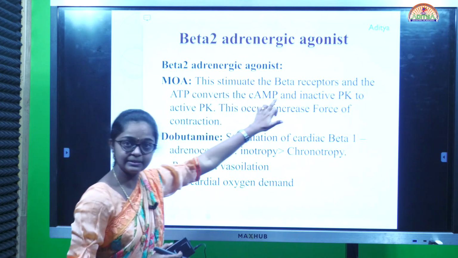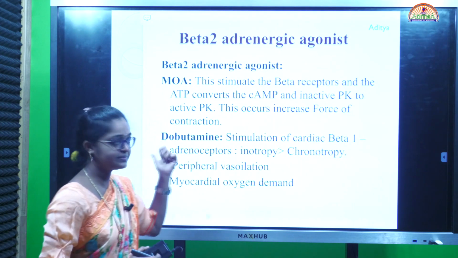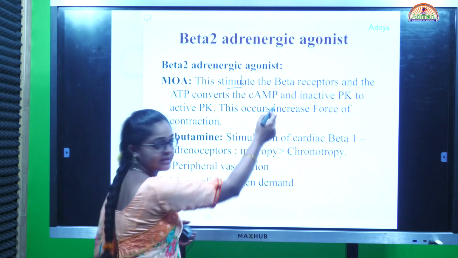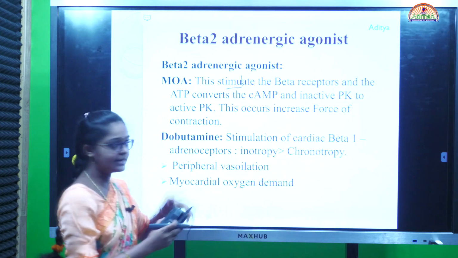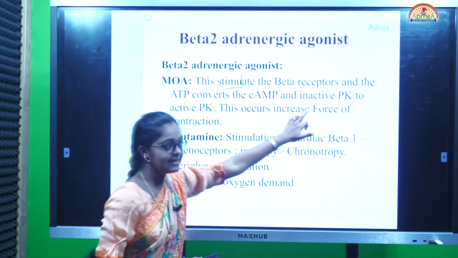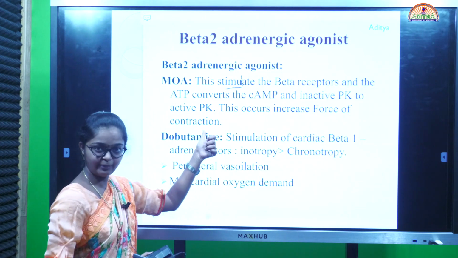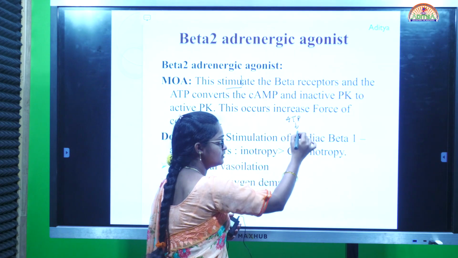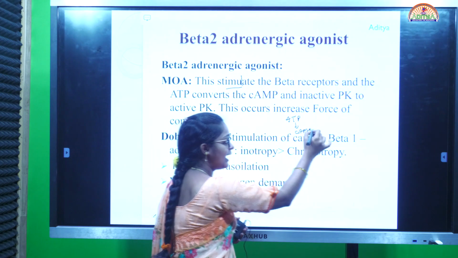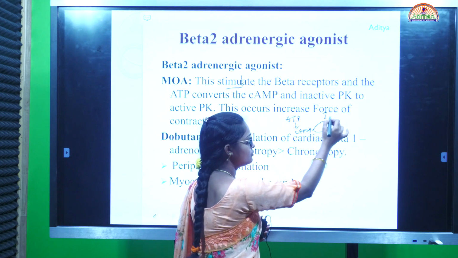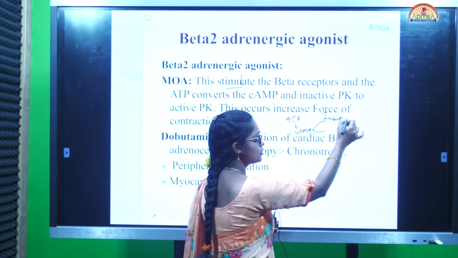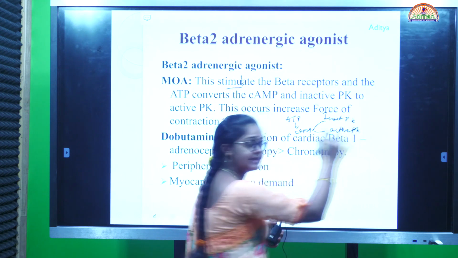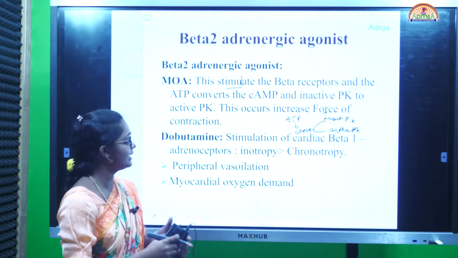An agonist, however, stimulates the beta receptors. It stimulates the beta-2 receptors, ATP converts to cyclic AMP, and it converts inactive protein kinase to active protein kinase, which increases the entry of calcium via the L-type calcium channel.